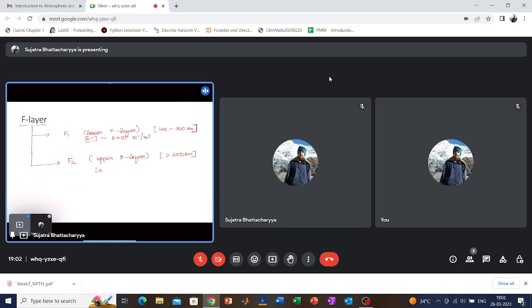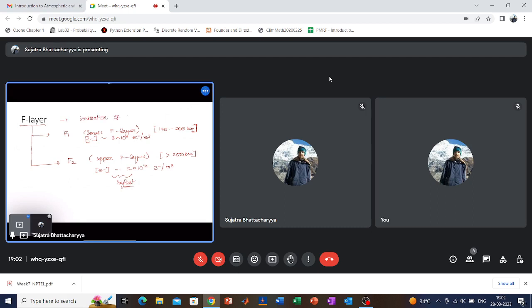But here the electron concentration is about 2 into 10 to the power 12. Now it has increased. But these are all the daytime concentration, and this is the highest, of course, because it is the topmost layer.